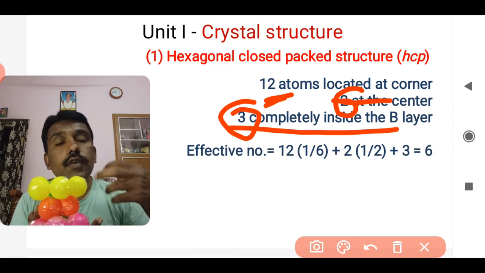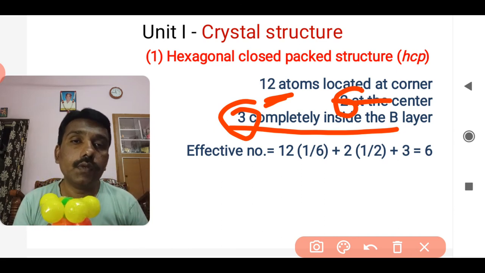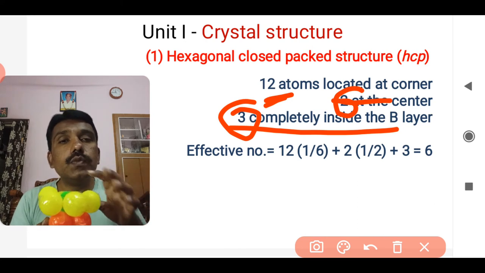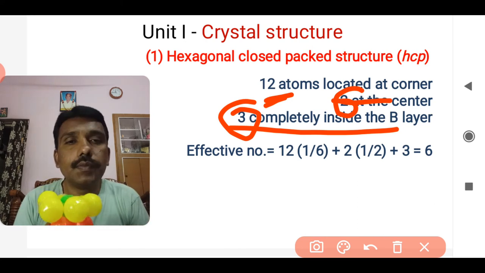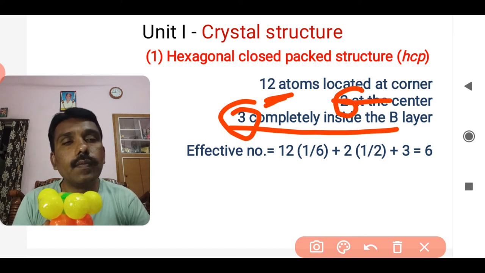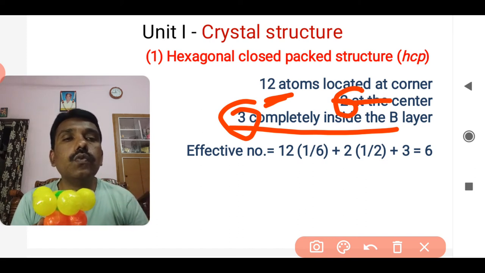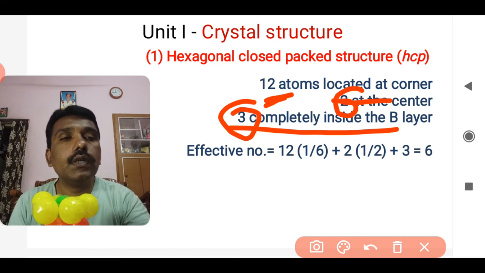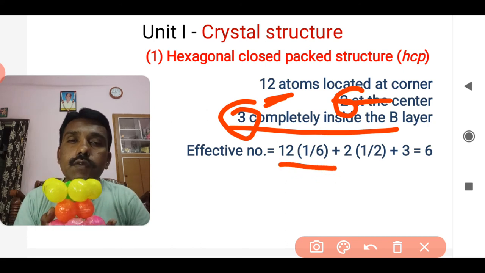So if I want to find the effective number in this case, the 12 corner atoms are each shared, with 1/6 of each atom belonging to the cell. To calculate the effective number, it gives me 12 into 1 by 6.